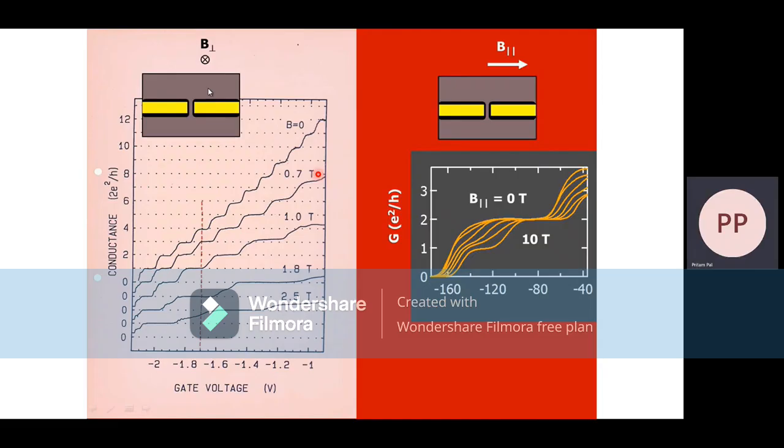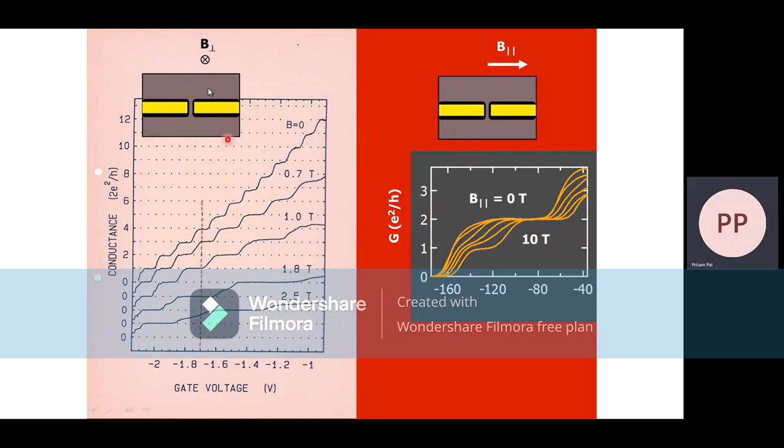So if the electron flies through the constriction and it has to go always left, suppose it scatters here, it will not go back. It will just keep on going and skipping in circles in some direction, like that. So the likelihood of backscattering is suppressed by a magnetic field that is applied perpendicular to the two-dimensional electron gas, right?